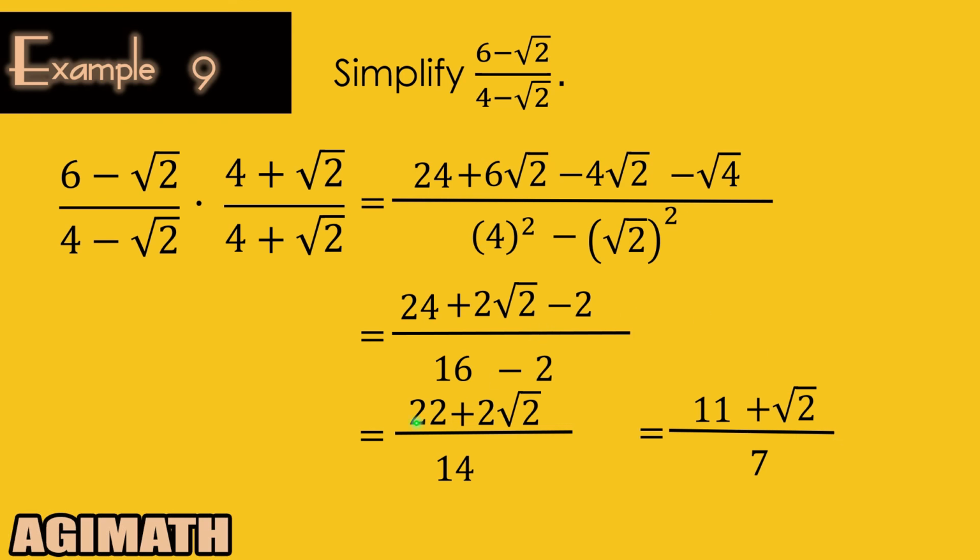Another way is also to factor out 2, and you will get the same answer. I'm just doing the easy way. Divide each term by 2. So we have 11 plus square root of 2 all over 7. In this form, this cannot be simplified further because we cannot combine 11 and square root of 2.